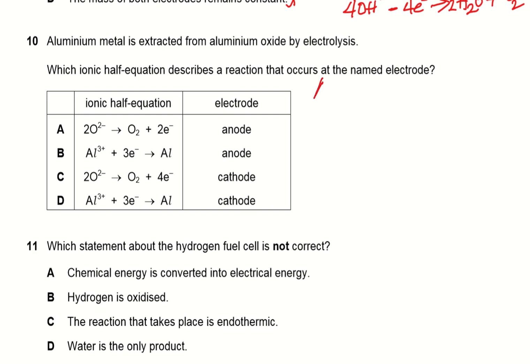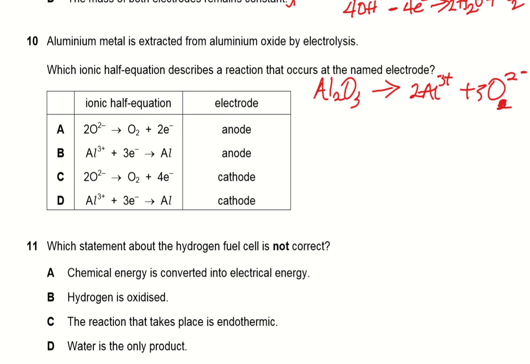So in the electrolysis of aluminum oxide, you have two ions available: the aluminum ion, Al3+, and also the oxygen ion, O2-. So we have 3 of these oxygen ions available.